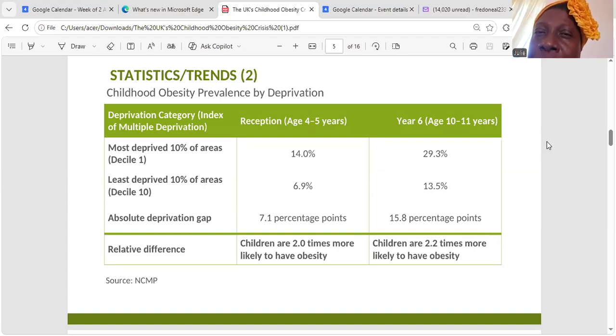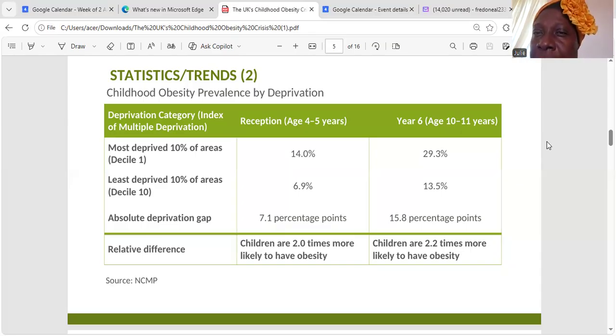For children in reception, who are 4 to 5 years old, 14 percentage points of children living in the most deprived areas have obesity.